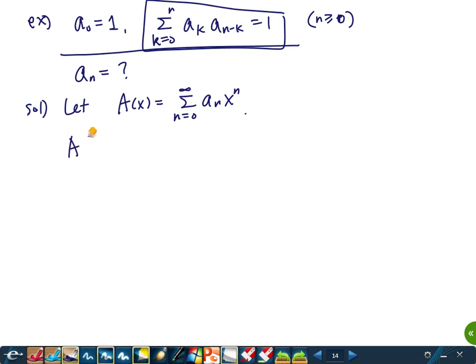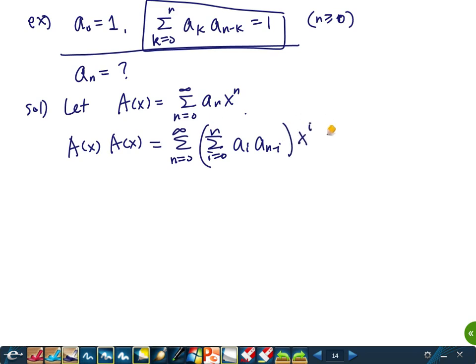So A(x) times A(x) is equal to, by definition, the sum over i from 0 to n of a_(n-i) a_i, x to the n. But this is defined to be equal to 1 always, so it's a geometric series, 1 over 1 minus x, because this is always 1.